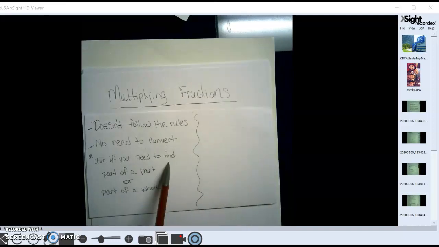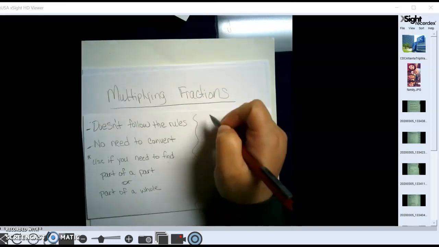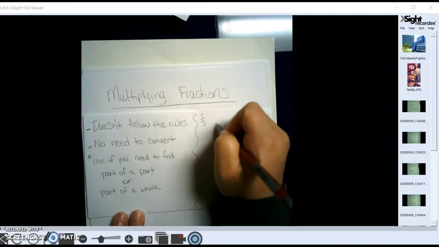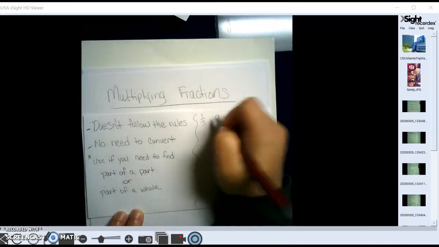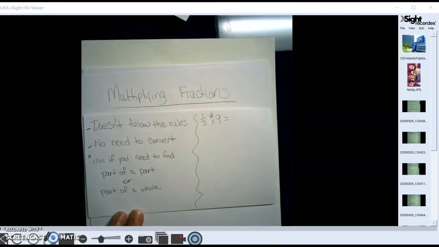You will be using multiplying of fractions if in your word problem it says that you're looking for part of a part or part of a whole. So let's do a part of a whole first. I'm going to give you an example of that, and we'll do 1/3 times 9. Remember that I told you you can envision the multiplication symbol as the word of.